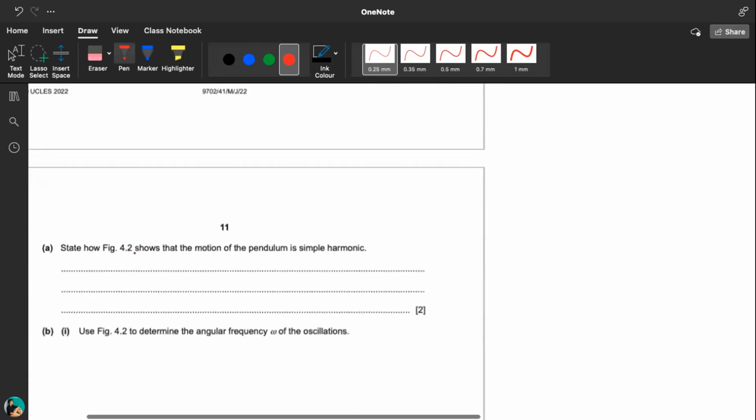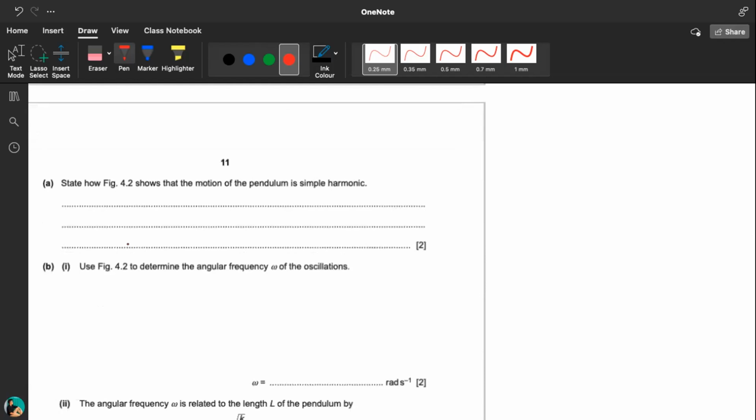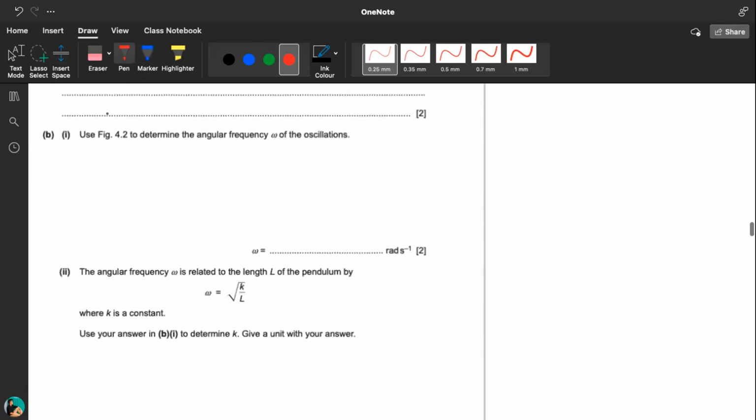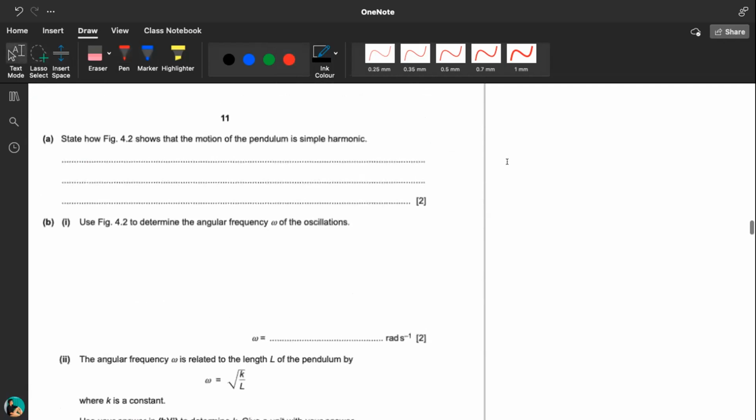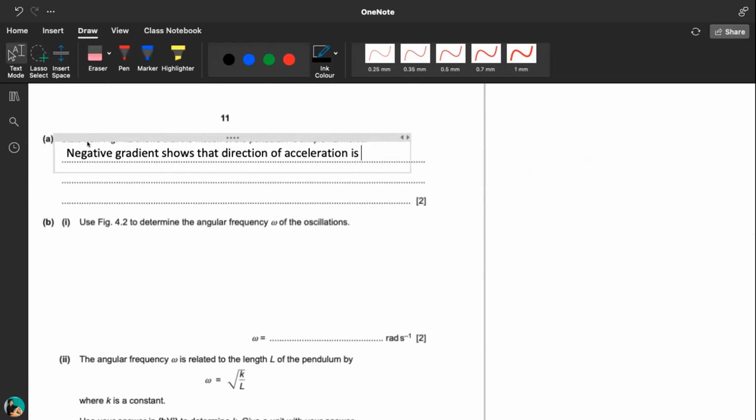A, state how the figure shows that the motion of the pendulum is simple harmonic. Okay, simple harmonic, we say negative gradient shows that direction of acceleration is opposite to displacement.